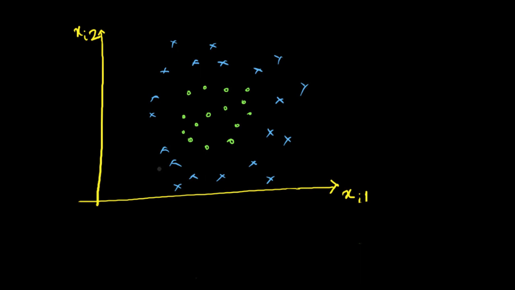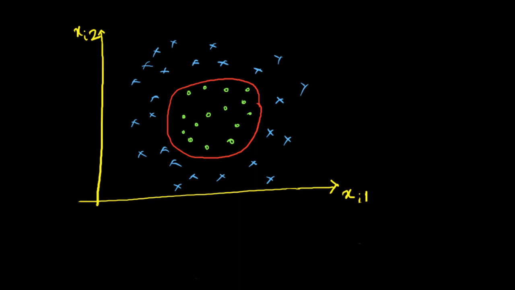So now obviously in this case a linear decision boundary is not going to work, because clearly you can see that the decision boundary is actually some kind of a circle. So now in logistic regression also you can handle this kind of problem by using variable transformation.